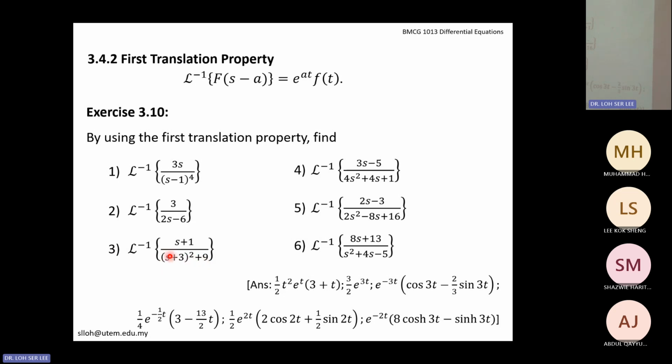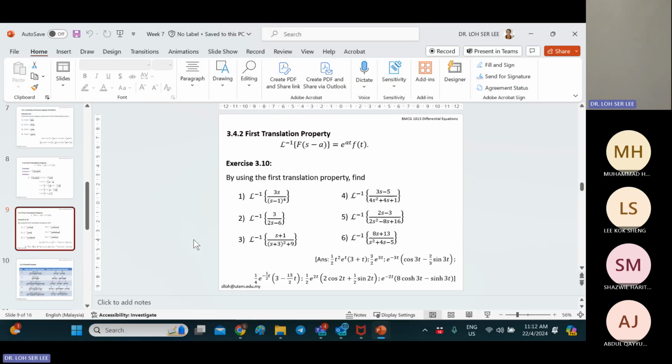So before you apply the formula, this is at s plus 3, so we want s plus 3 at the top as well. So we create the s plus 3. The idea is all s must be in the same form before you apply.